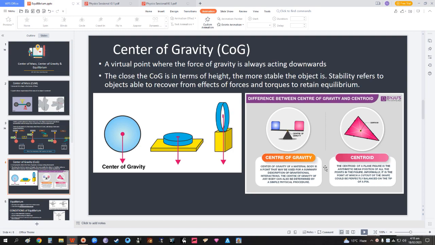So now we are going to consider that center of gravity is the point which is the balancing point as well, right? We can balance an object if we line up the center of mass and the center of gravity, and we understand that there is no net torque being generated, right?